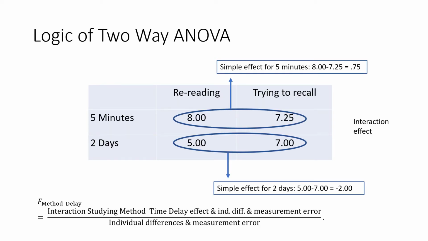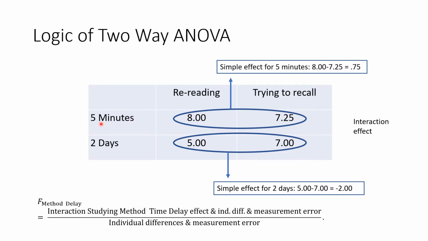Now, finally, the interaction effect. The two main effects compared the marginal means, but the interaction is comparing the difference between cell means. That difference is called a simple effect. So an interaction compares pairs of simple effects.